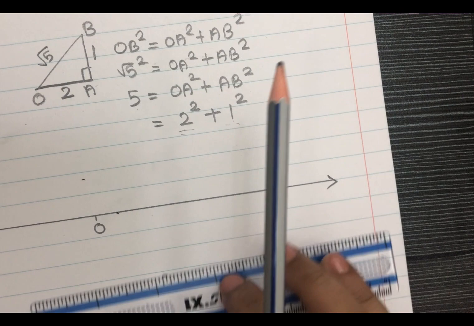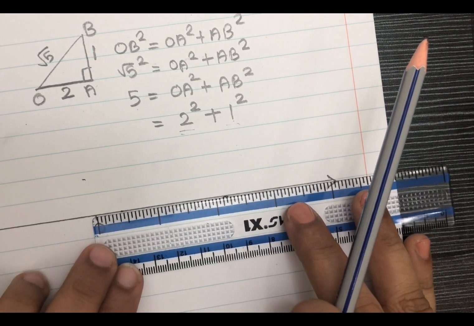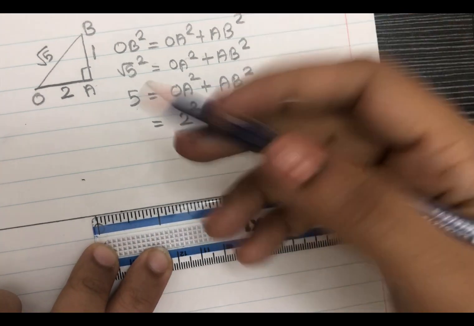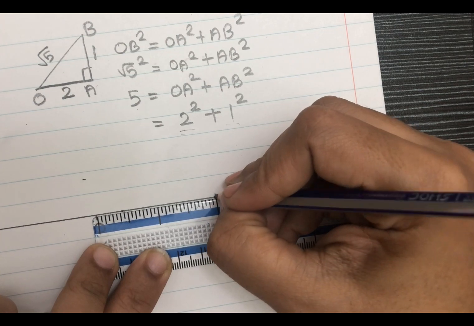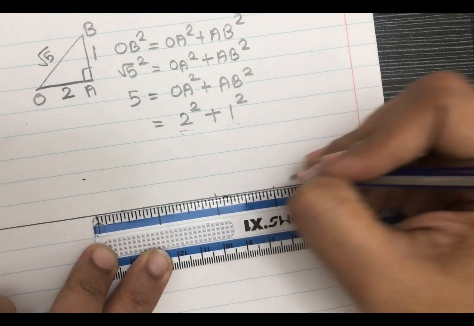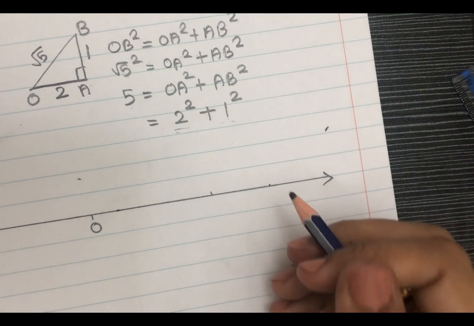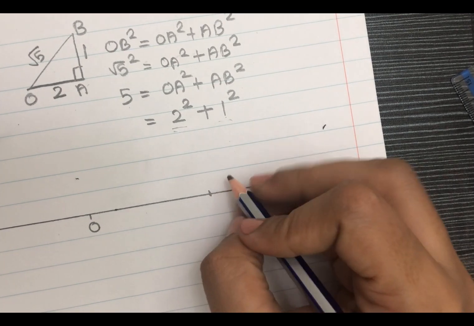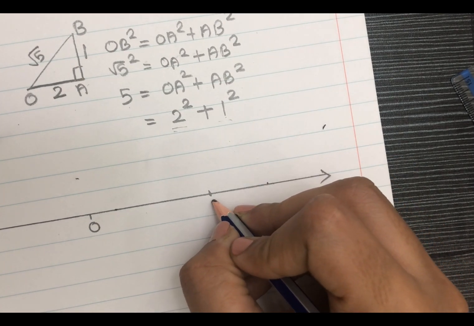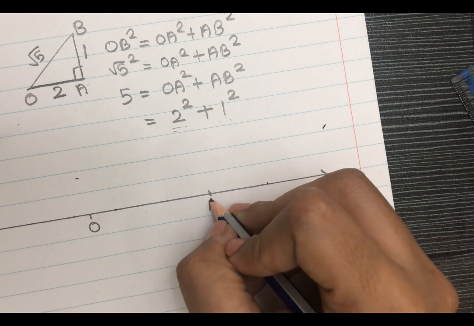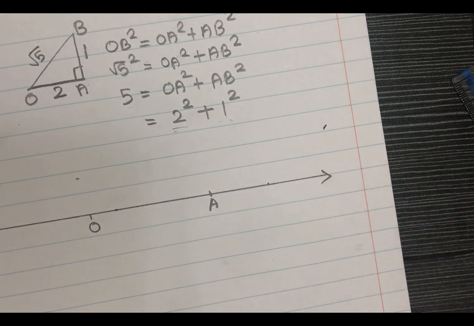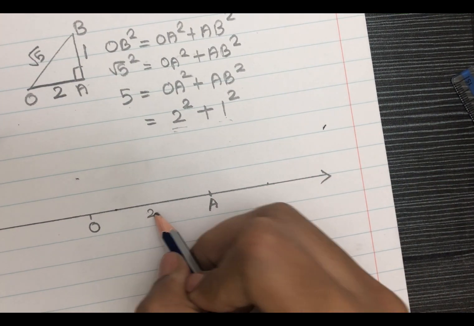So I'll mark 2 units. Okay, this is my 2 units. So this is my A, and this is 2.